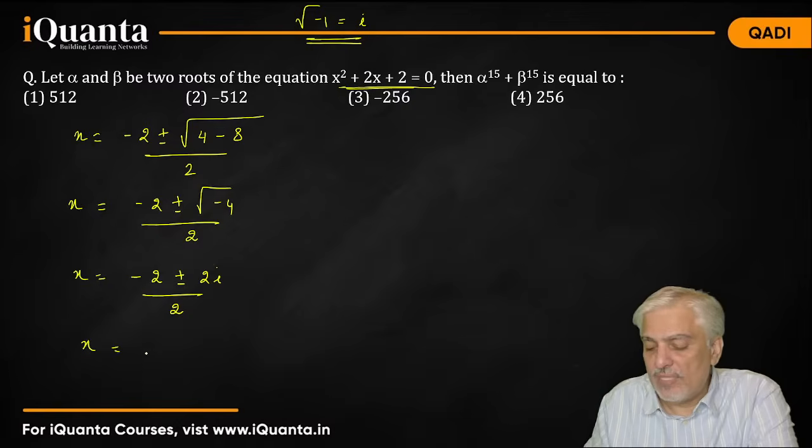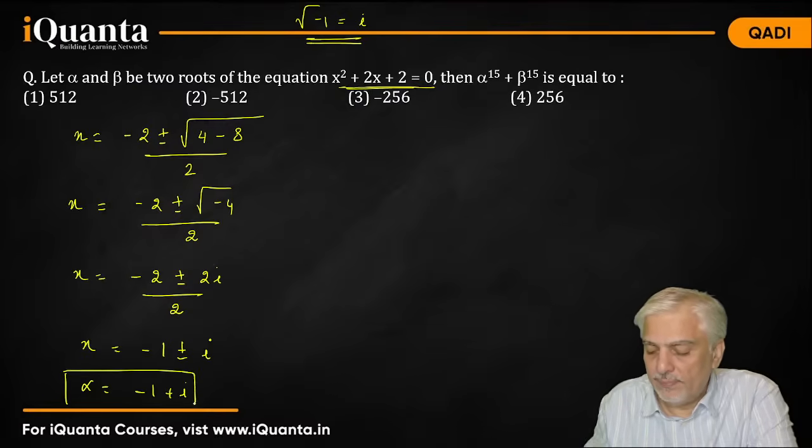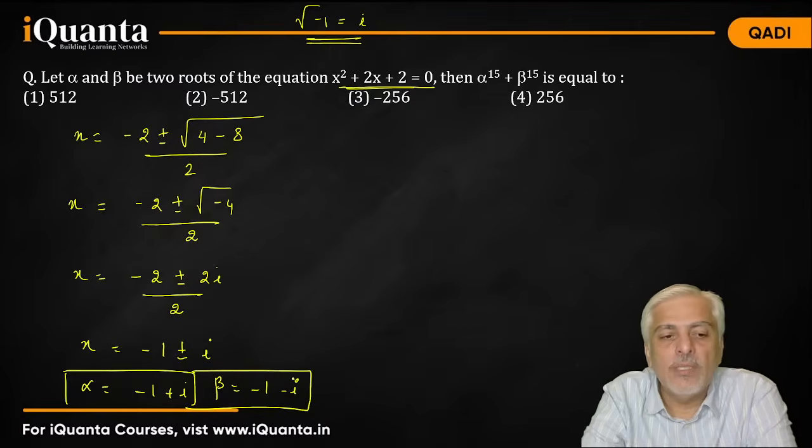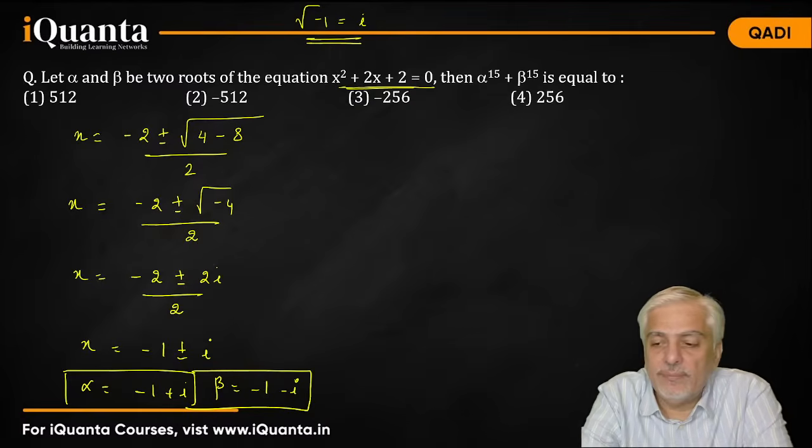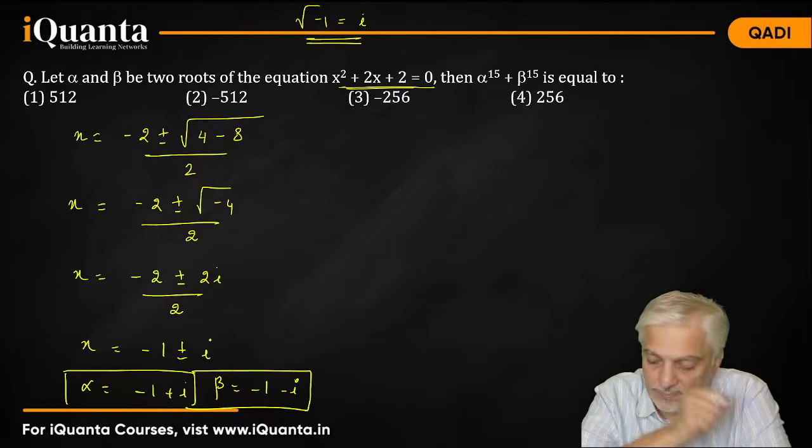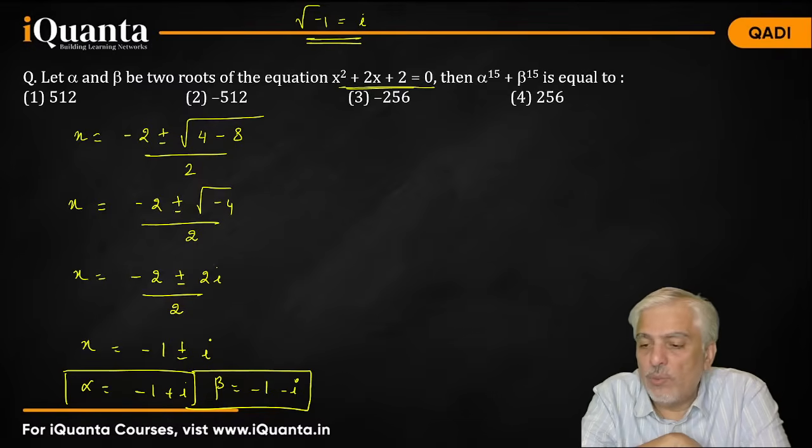So x is minus 1 plus or minus I. That means alpha is minus 1 plus I and beta is minus 1 minus I. So we've got alpha and beta. Now what? What do we want to find now?